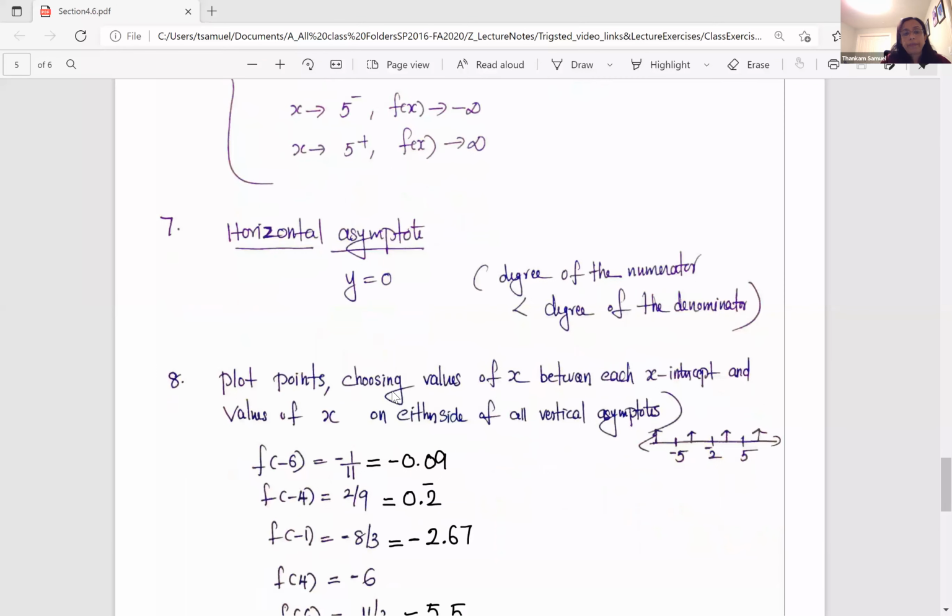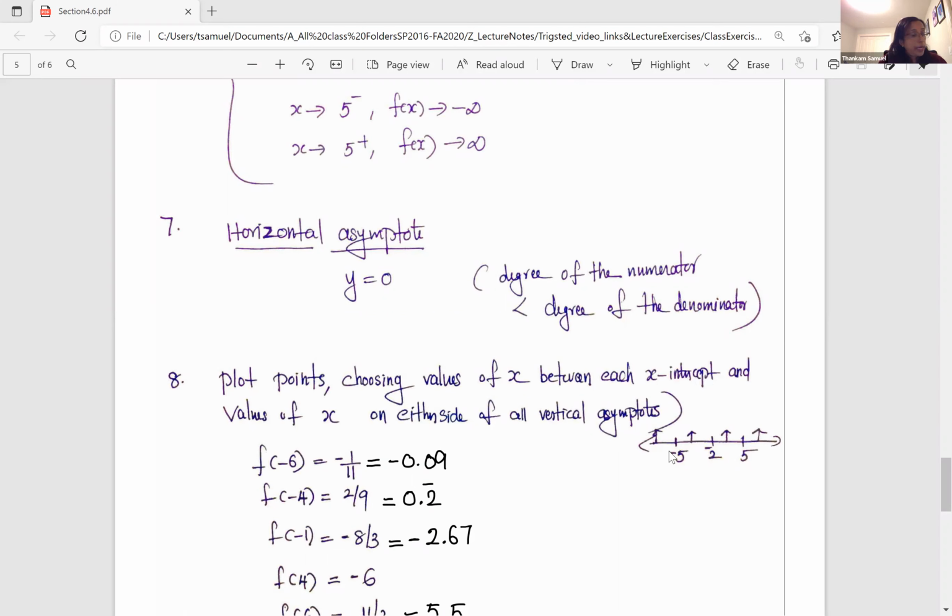And then the next step, the 8th step, is to plot points, choosing values of x between each x-intercept and values of x on either side of all vertical asymptotes.